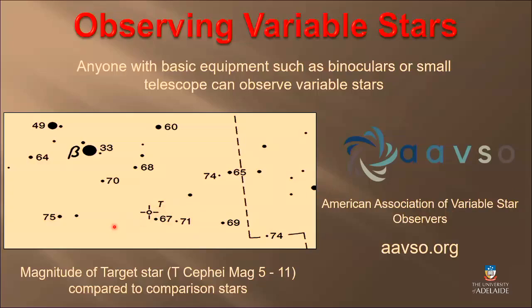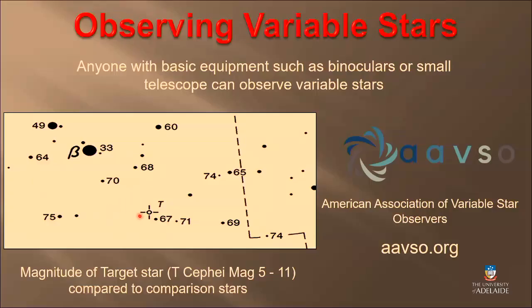If you're looking at your target star here, T Cepheid, it comes up with these little numbers next to each star. These are the magnitudes of the star, so you can use that to do a comparison.